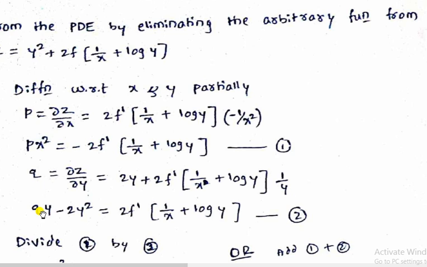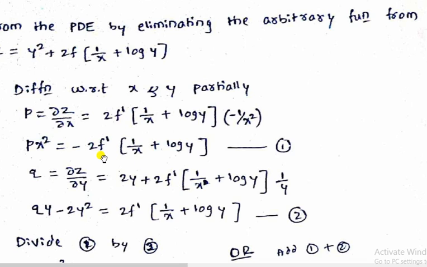So y into q is qy, and 2y into y becomes 2y square. Shift this 2y square to the left hand side, so it becomes qy minus 2y square is equal to 2f dash 1 by x plus log y. Say this is equation number 2.